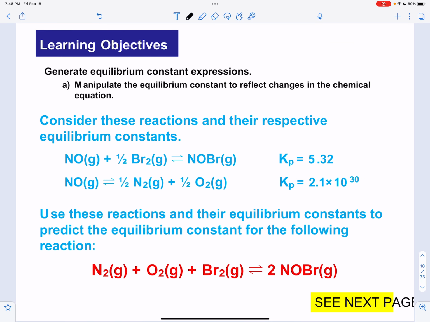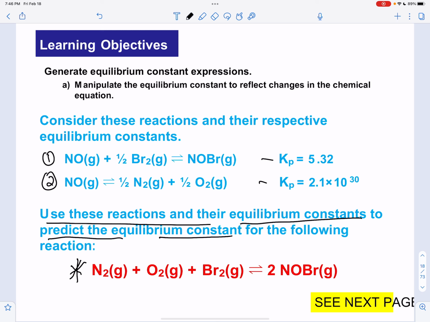So we have one more rule to complete the set that we can use. Consider these reactions. We have reaction 1 and reaction 2, and we're going to use these reactions and their equilibrium constants to predict the equilibrium constant for this new reaction.